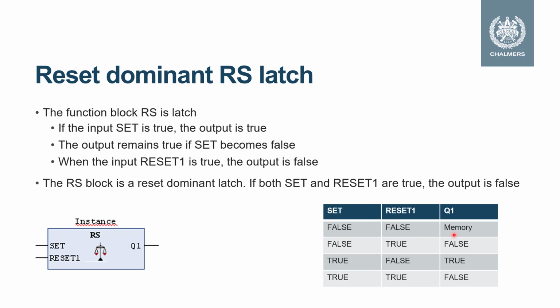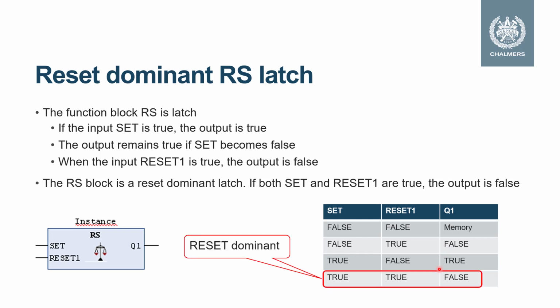That's a latch function. If set is false and reset is true, the output is false. And the other way around, if set is true and reset is false, the output is true. And here we can see that it's reset dominant. If both set and reset are true, resembling pressing both the start button and the stop button at the same time, the output will become false.